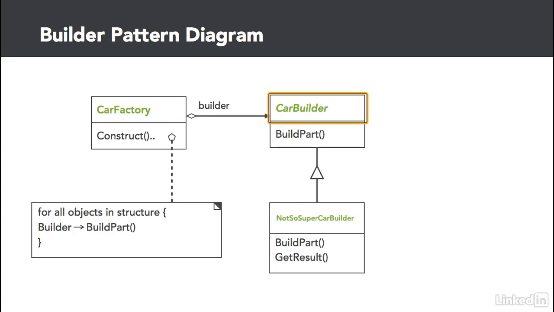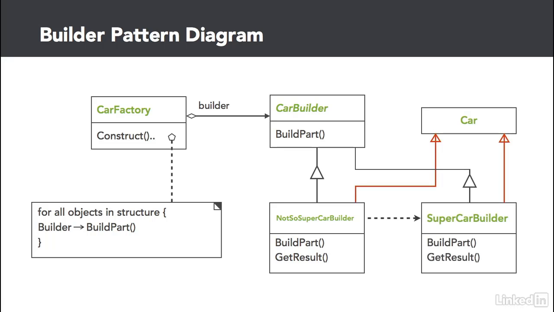The builder is car builder. Right below it, we'll have two concrete builders, one that's called not so super car builder and a super car builder, which is to the right. Those are the concrete builders. A not so super car builder, essentially a lame car, and another one, which is an awesome car, super car builder to the right. And the product itself is the car.